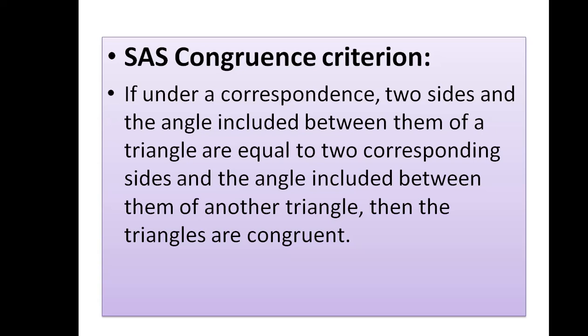SAS congruence criterion. If under a correspondence, two sides and the angle included between them of a triangle are equal to the two corresponding sides and the angle included between them of another triangle, then the triangles are congruent. Take two triangles in which two sides are known and the angle between those two sides is also known.